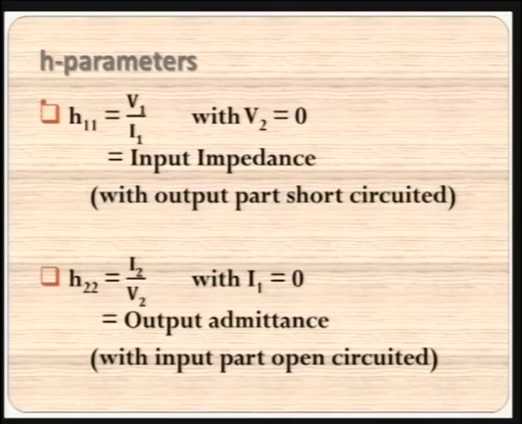Here we need to clearly understand what each H parameter means. So, let us take up for our discussion the 4 H parameters. By taking V2 as 0, when we simplify for H11, we have V1 divided by I1, which is the input impedance. Here V2 is made 0, which I forgot to mention.